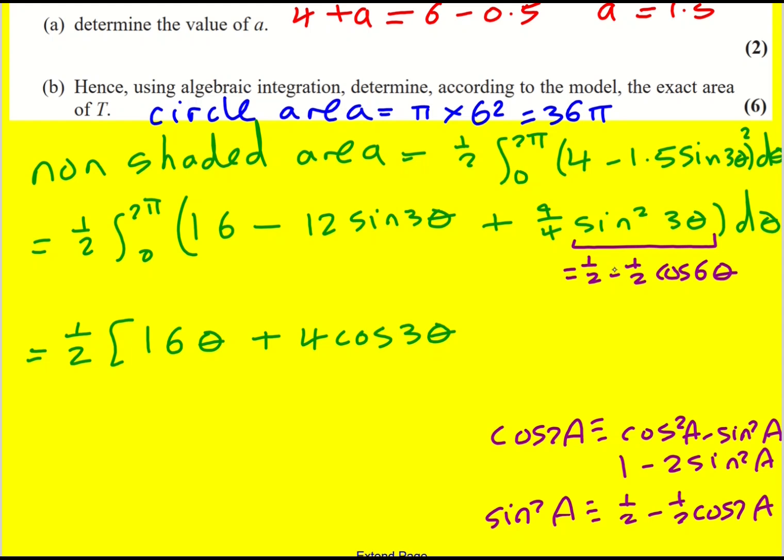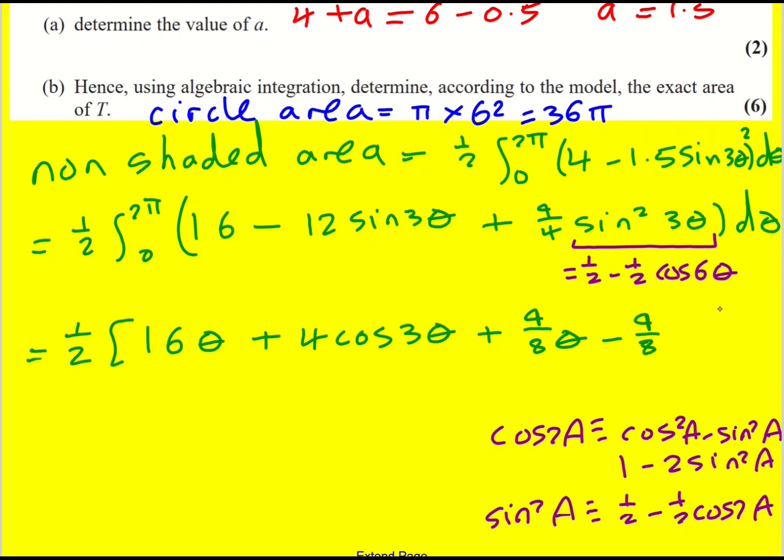Then I've got the half. I could have collected some bits together. Remember, I'm timesing through by 9/4 as well. It's just that bit that's a half minus a half cos 6 theta. So I'm going to get plus 9/8 theta. And then I've got minus 9/8.